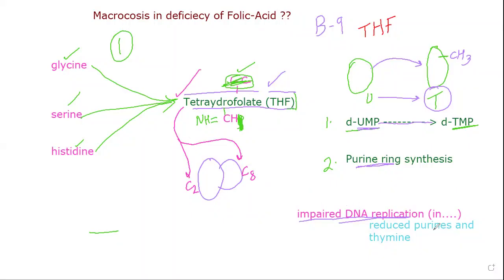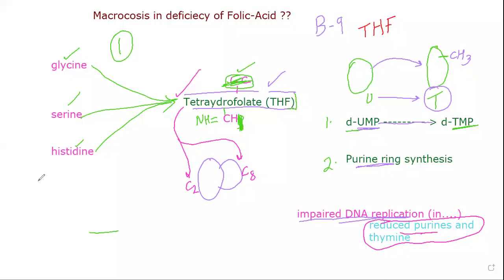So reduced purines will also be there. Now DNA replication will be impaired. Why? Because of reduced purines and reduced thymine. So replication is inhibited, decreased.